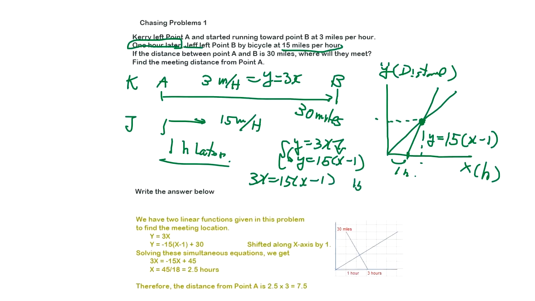Oh, 15x minus 3x, because we move this here and we move 15 over here, so it's 12x equals 15, so x is 15 over 12. Is that correct? No?